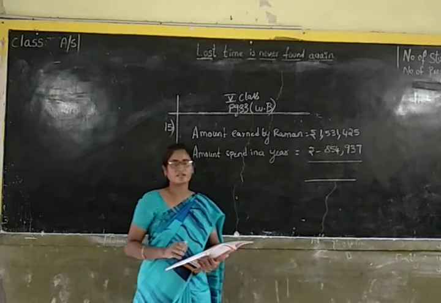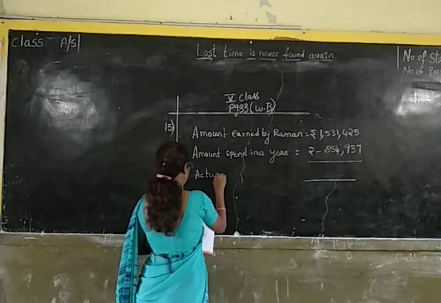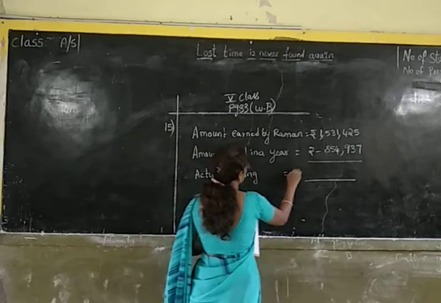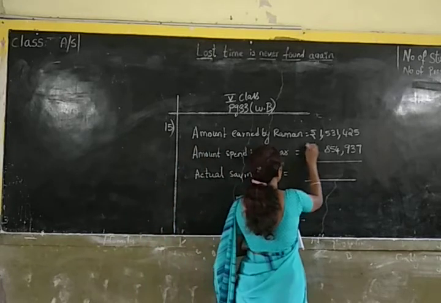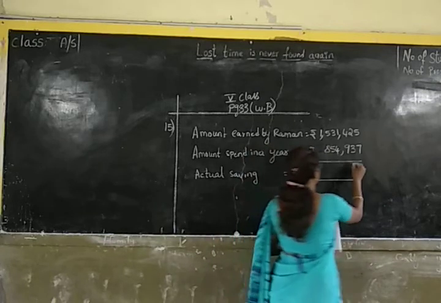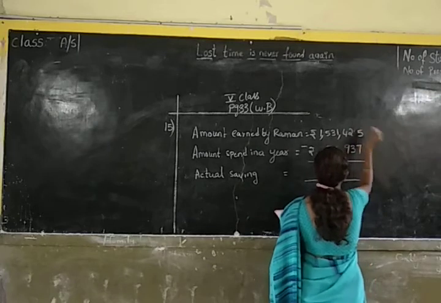Now we have to find out the actual savings. We can find out the actual savings by subtraction. So let us do the subtraction. We can't subtract 7 from 5, so 5 has to borrow.